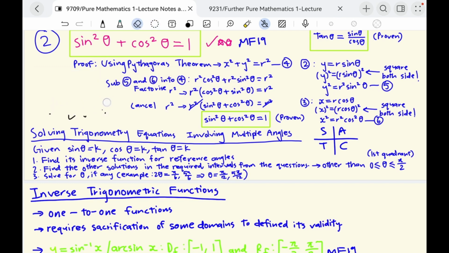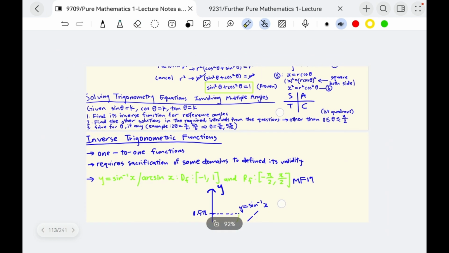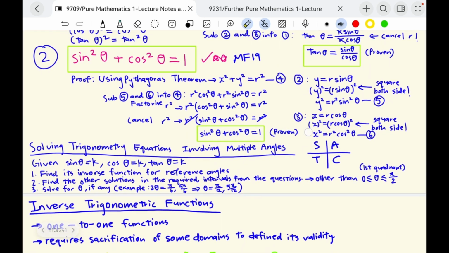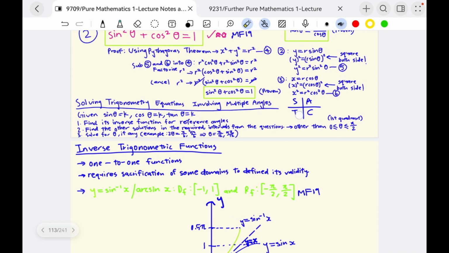Okay, this is the way you solve. This method is standardized by Mathematics and Further Mathematics as well.